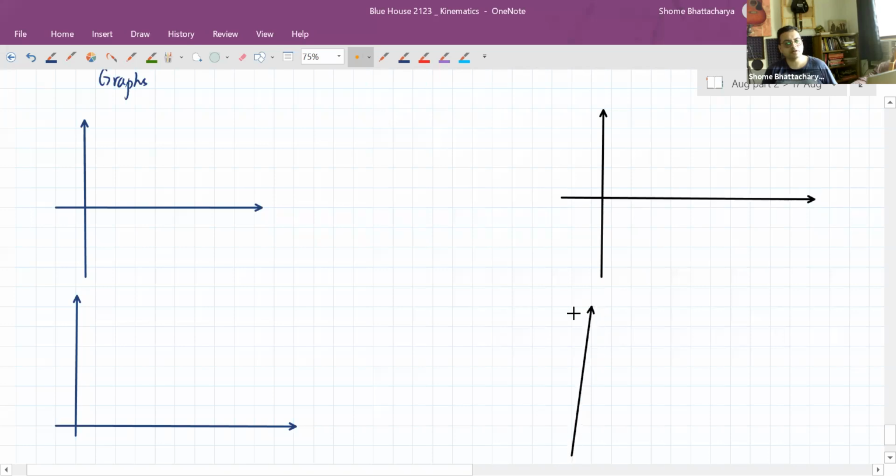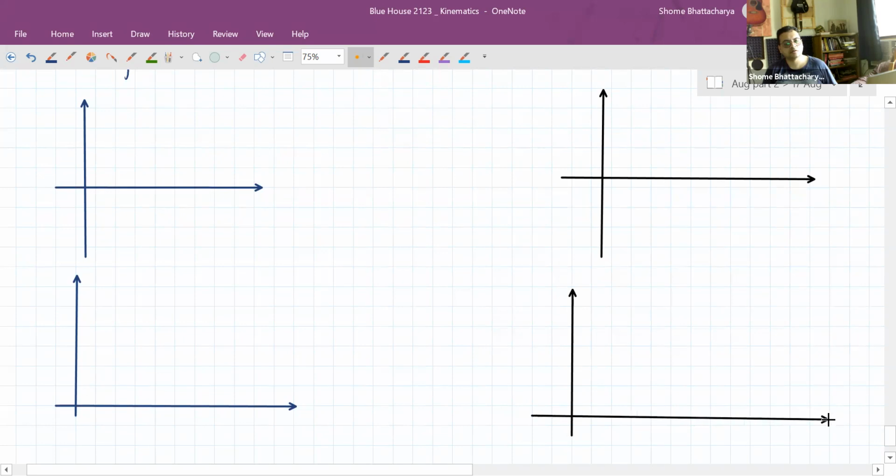That is, the y coordinate itself as a function of time. So these are all very standard things. This is suppose y as a function of time, and this is the Vy as a function of time. And this is x component of velocity as a function of time, and this is x component of displacement as a function of time.